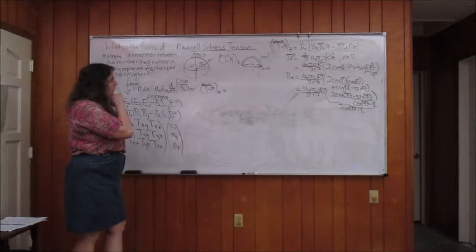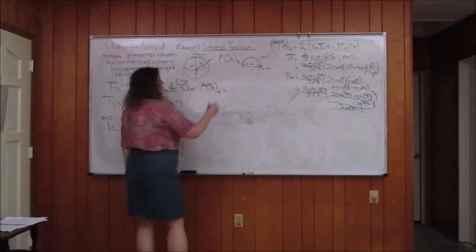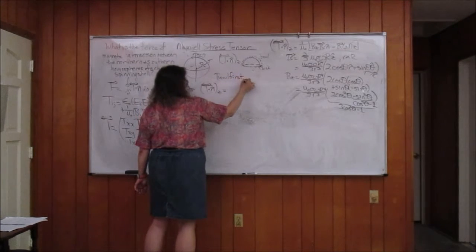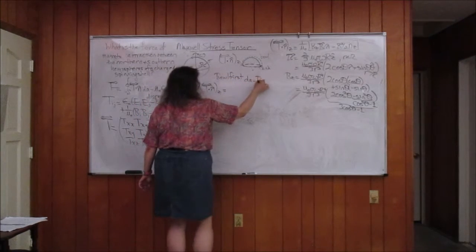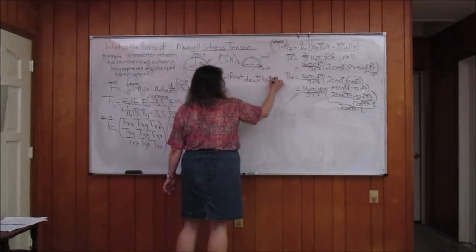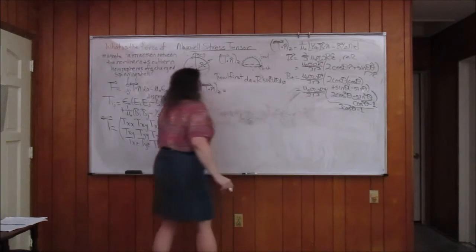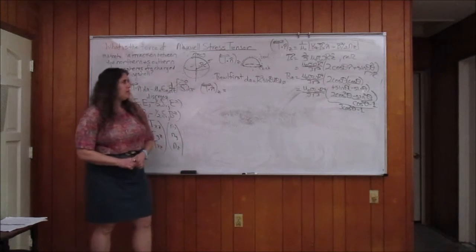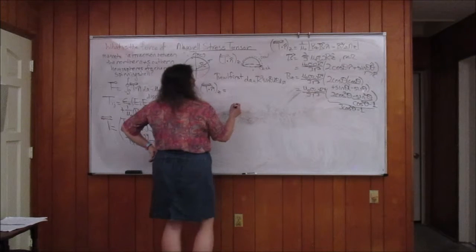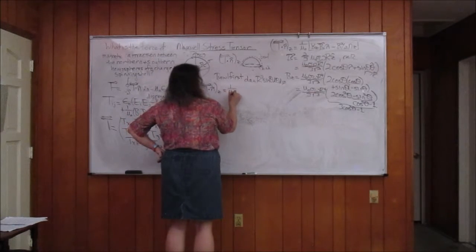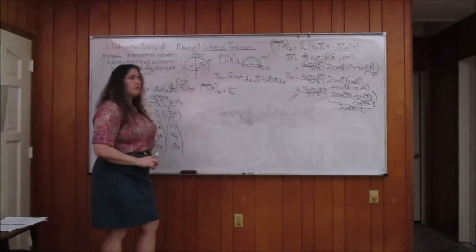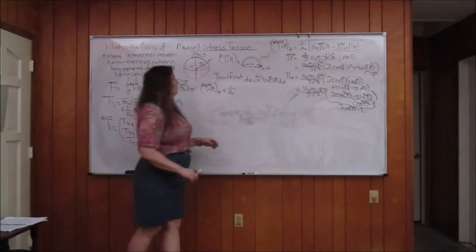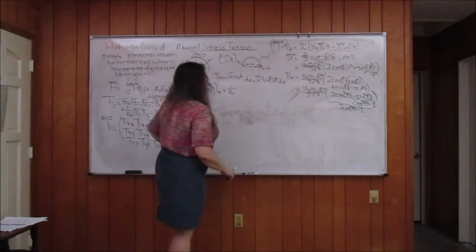Okay, so we're going to first look at the hemispherical bowl. In that case, the surface element is equal to r squared times sine theta d theta d phi. And we'll be using the exterior solution here because our surface is just outside of the hemisphere.